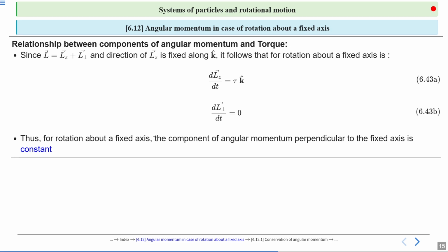So in rotation about a fixed axis, the component of angular momentum perpendicular to the fixed axis is constant. dL perpendicular dt is equal to 0.